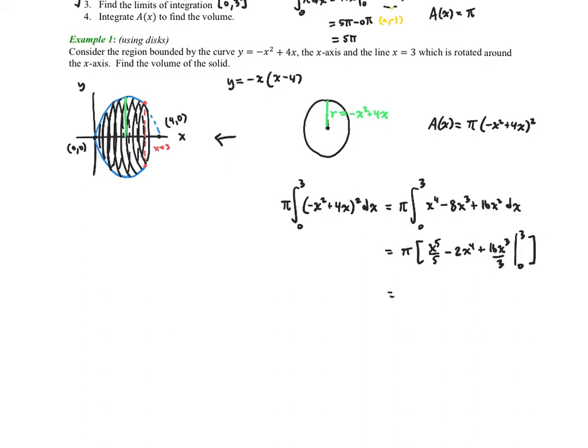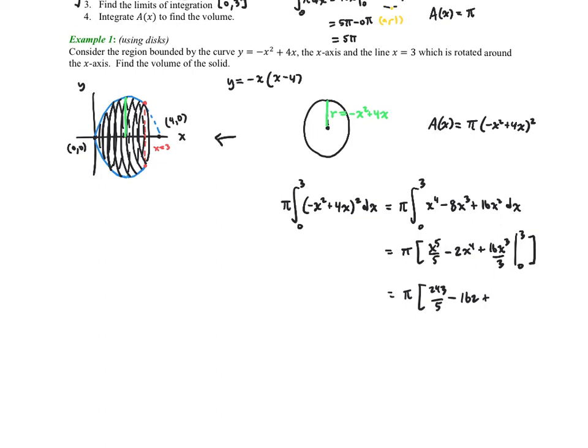I'm going to continue here and just finish it off, but this would be the volume, whatever this ends up being. If I plug a 0 in, clearly I'll get 0, so 3 to the 5th is 243 over 5, minus 3 to the 4th, which is 81 times 2, which is negative 162, plus 27 times 16.